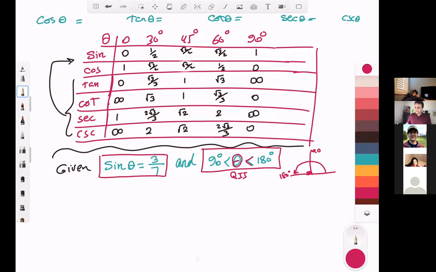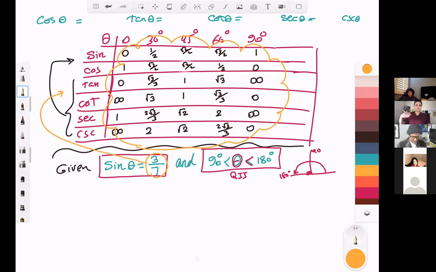So we have one value, which is sine of theta is 3/7. Do you see 3/7 in your table? Do we see it? No. So 3/7 is not part of it. Those are all 1/2, radical 3 over 2, radical 2 over 2, the values you see in a unit circle.